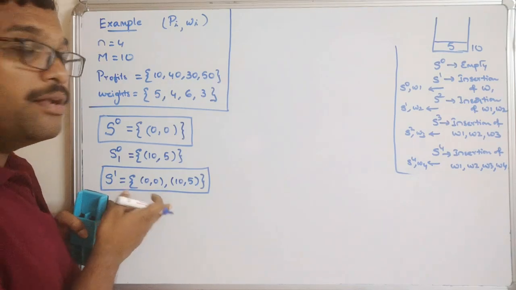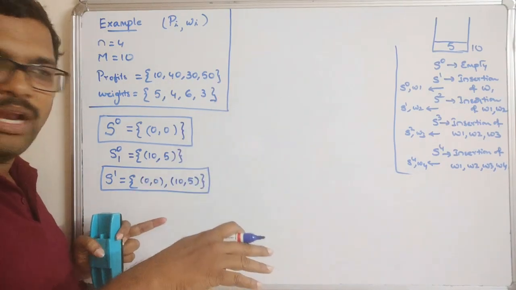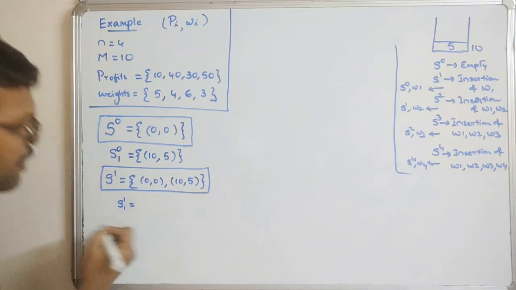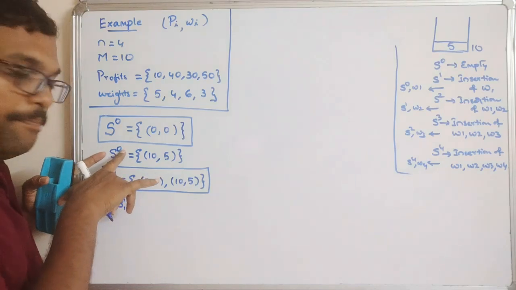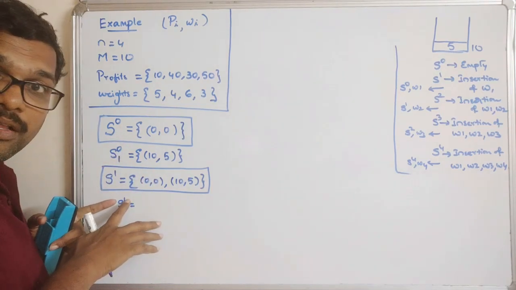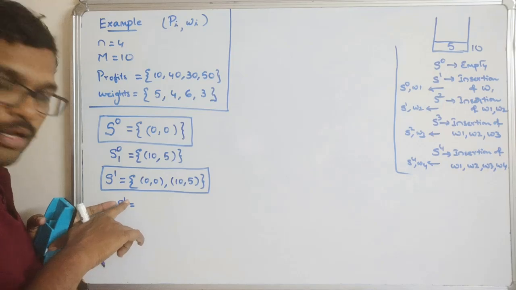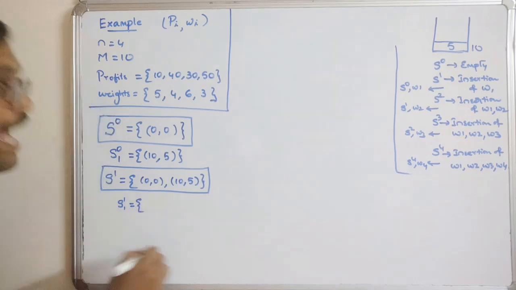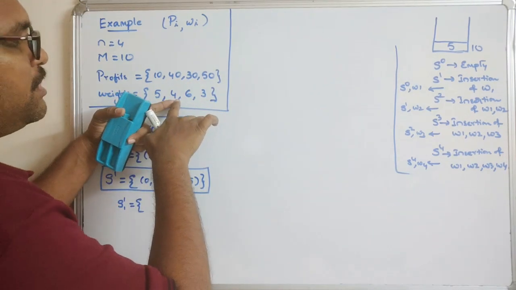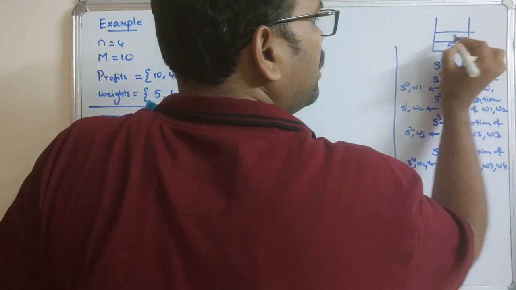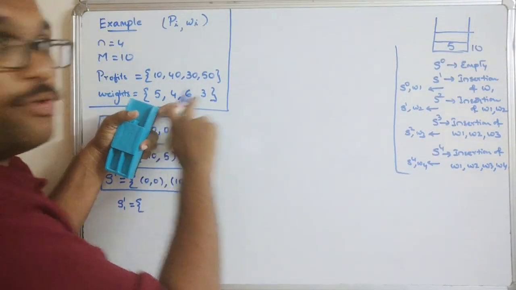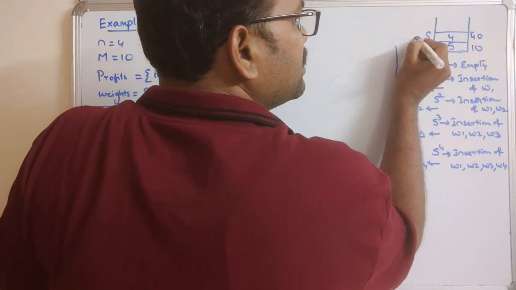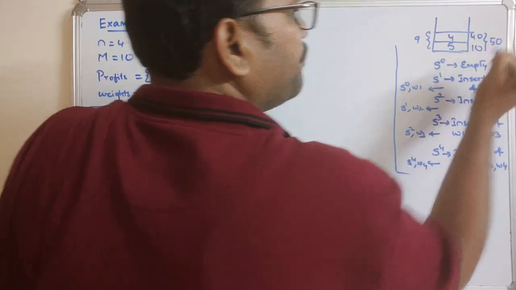Again, after that, what we have to do? We have to insert one more element, right? Now, S1 and insert one element. So just remember the prefix. Okay, the upper script will be the 1 and the lower script will be the insertion of one element. So what we have to do? We have to add one more element. So one more element means 4 with a 40. What happens here? If you add 4, and it is 40, what happens? So complete it is 9 and complete it is 50.